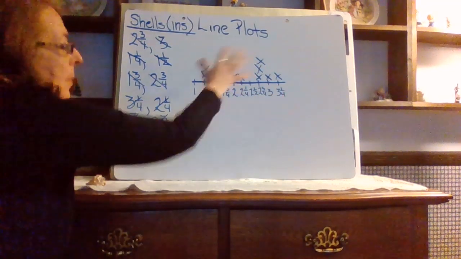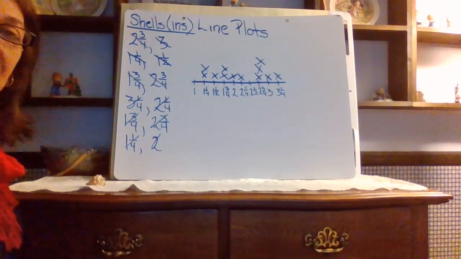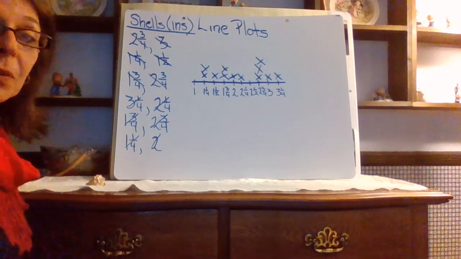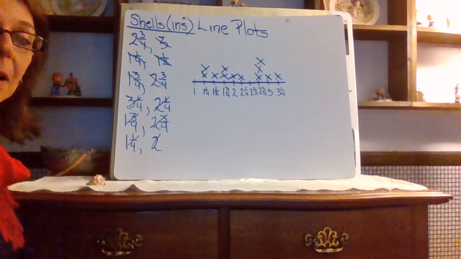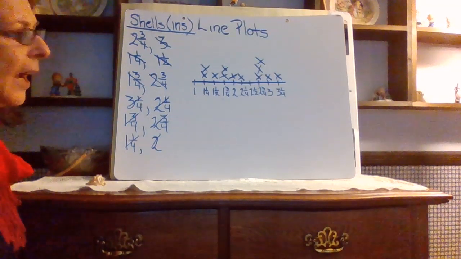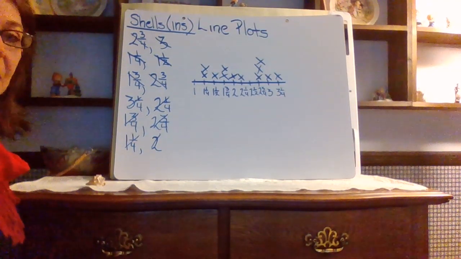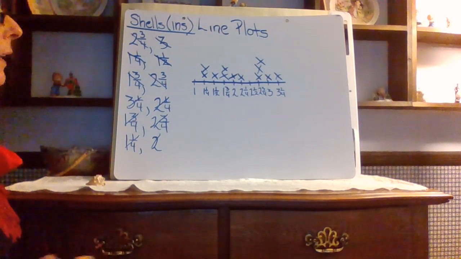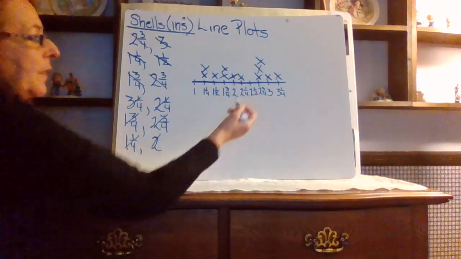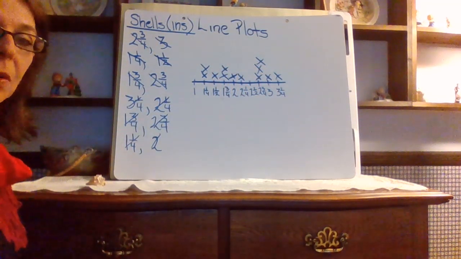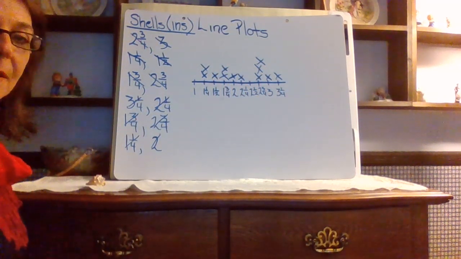So now by making this line plot of my data, you see that the data is organized in a nice, easy way to know. Now I can make some comparisons about my data. So the first thing that I notice on my line plot is right at 2¾ I have the most shells that measured 2¾ inches.